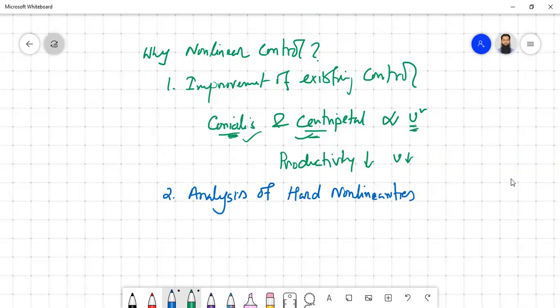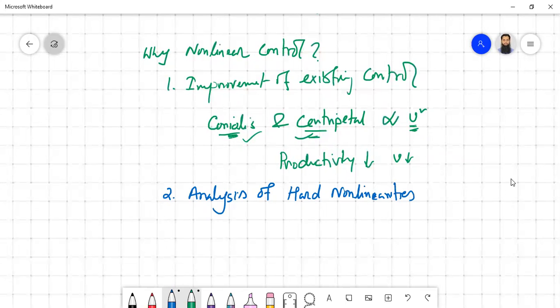What does this mean, hard nonlinearities? Because these represent the discontinuous nature that prevents us from using the linearization approximation. So discontinuous nature of the nonlinearity.